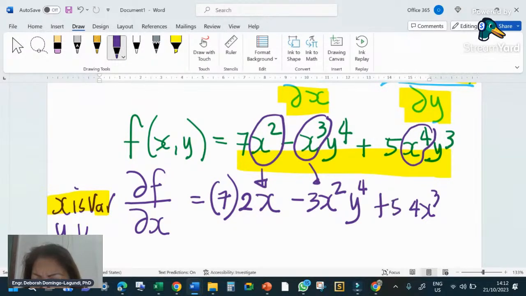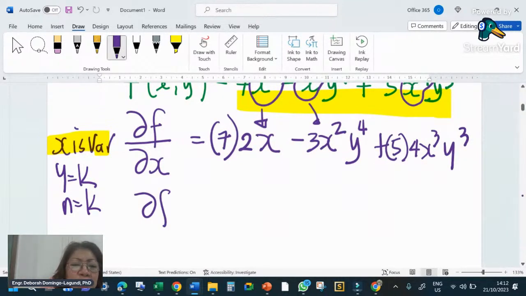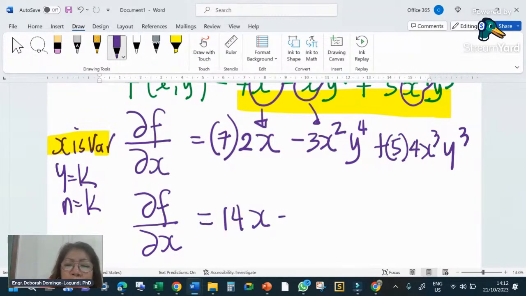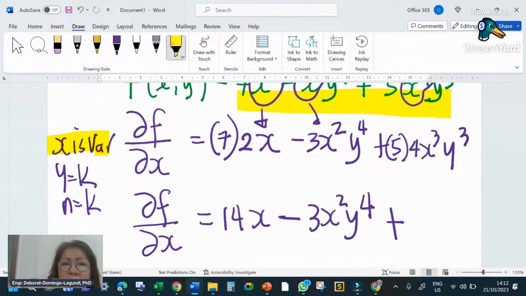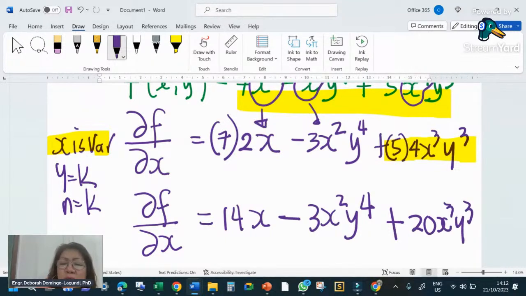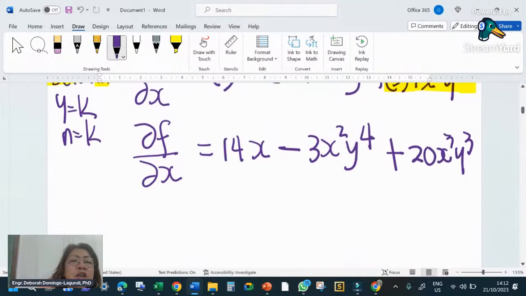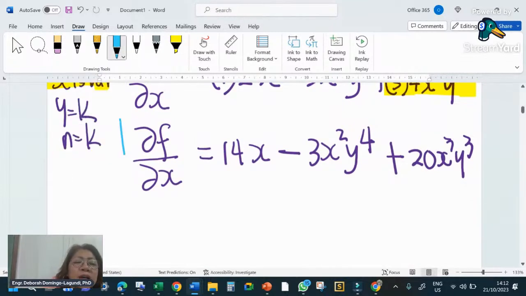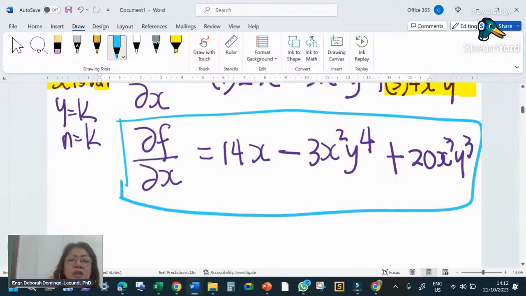Copy the constants 5 and y cubed. So the answer here is the partial derivative of f with respect to x will be 14x minus 3x squared y to the fourth plus, you have to follow the order of constant, x, and y variable. In this case, you can combine 5 and 4 together. That gives you 20x cubed y cubed. So this is the partial derivative of the function with respect to x.